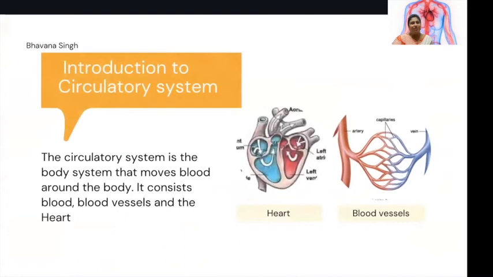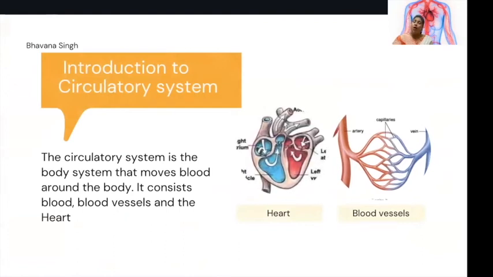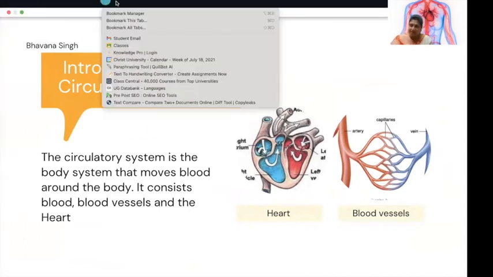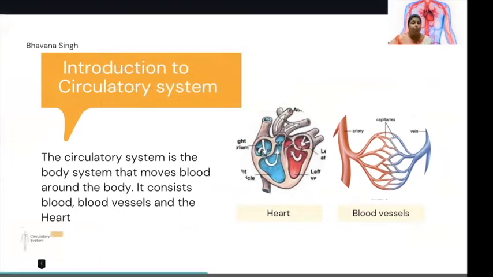Now, introduction of the circulatory system. Hope you understand why we need the circulatory system. The circulatory system is the body system that moves blood around the body.